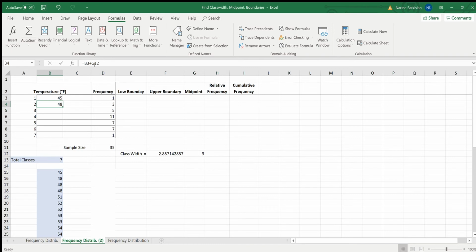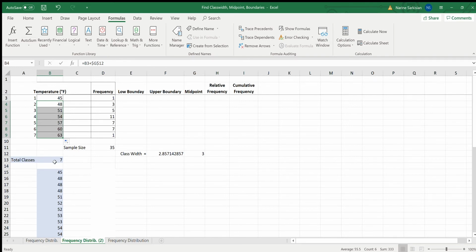Therefore, I'm going to freeze this cell G12 by putting the dollar sign. So once I drag down, every single cell will take the previous value and add 3. Look, 48 plus 3, 51, 51 plus 3, 54, and so on till 63.